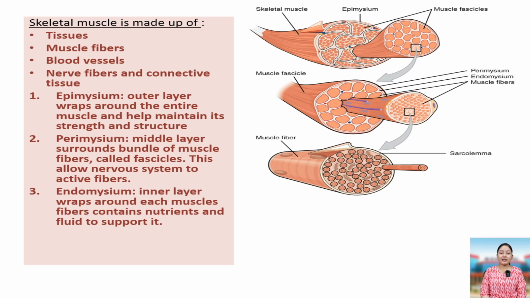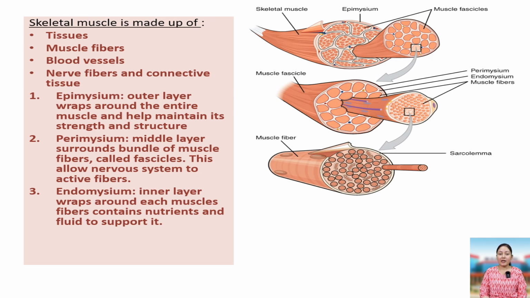When muscles contract, they use energy and this process generates heat. Next, skeletal muscle is made up of muscle fibers, blood vessels, nerve fibers and connective tissue. There are three types of connective tissue. First layer is the epimysium, the outer layer that wraps around the entire muscle and helps maintain its strength and structure.